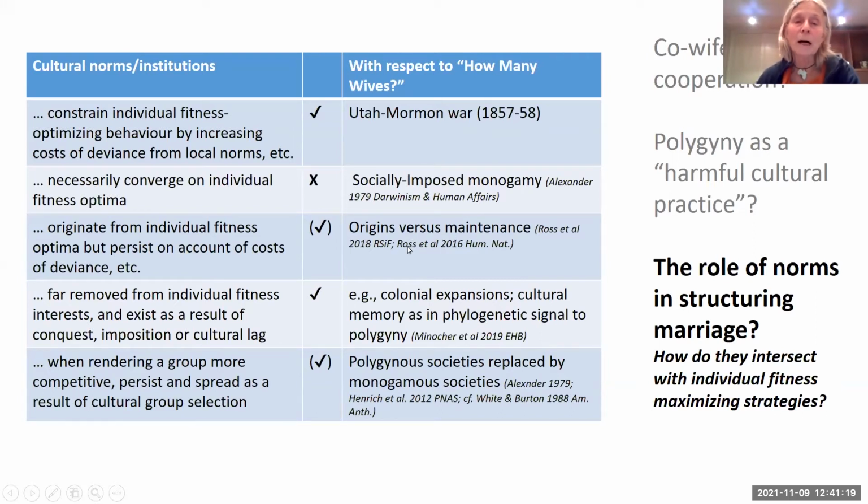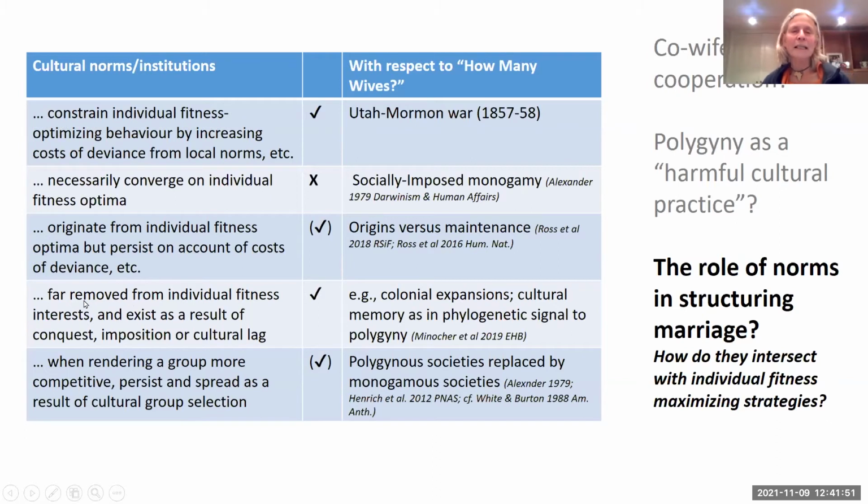It's also, with Cody Ross, a position we've taken for the distribution of female genital modification, which we published in 2016. And I really like this position. That's why I put a check there, but I put it in brackets because I realized there are probably other people who don't like thinking about the relationship between individual fitness and norms in this way, but I pose it here.